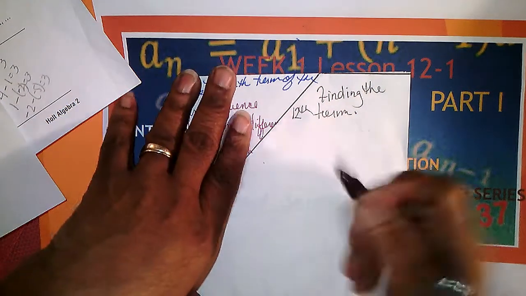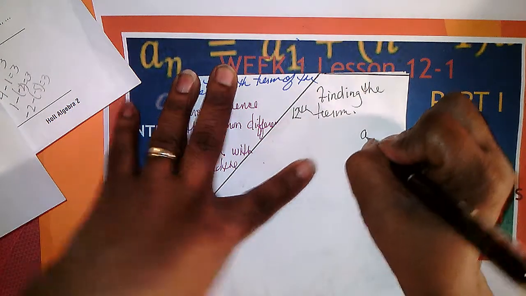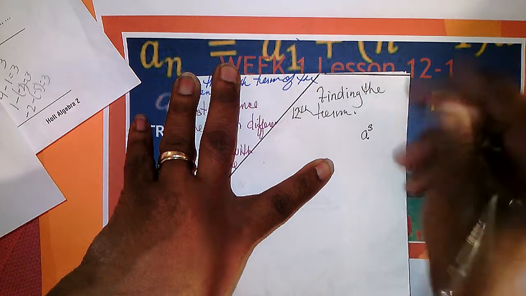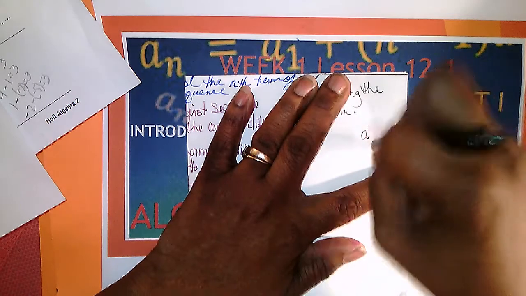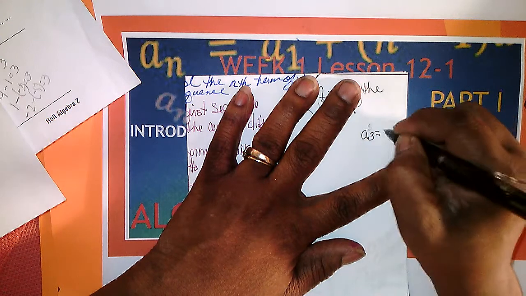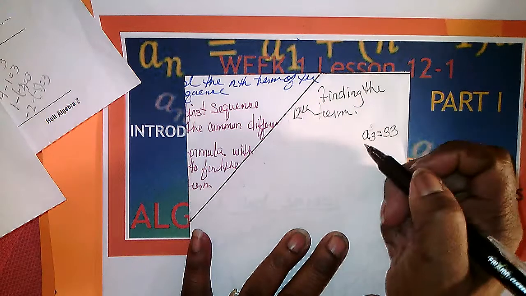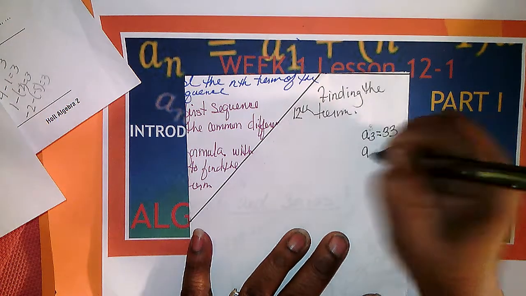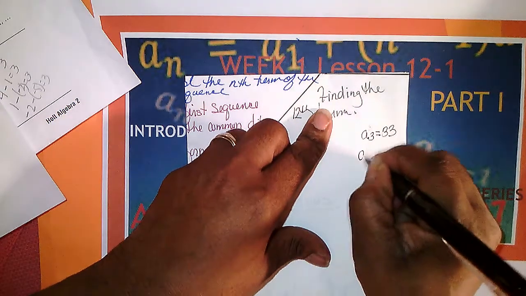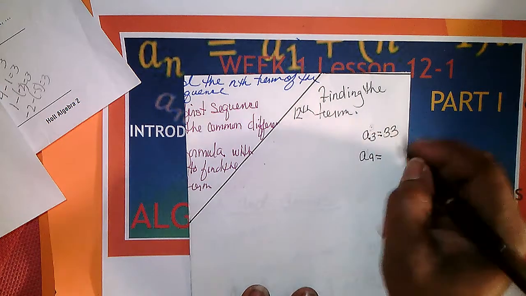So we have available to us a3, which is 33, and they provided us with a9, which equals 117.